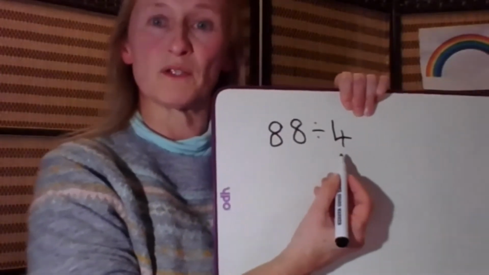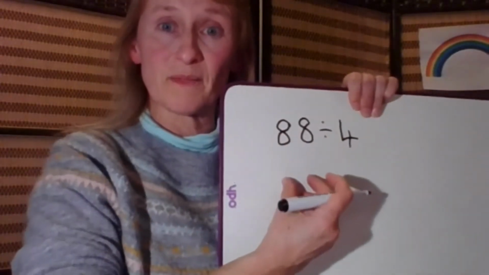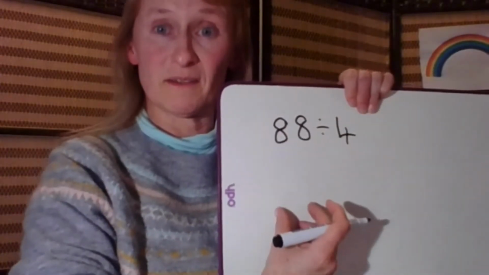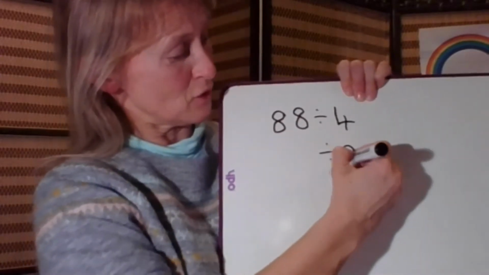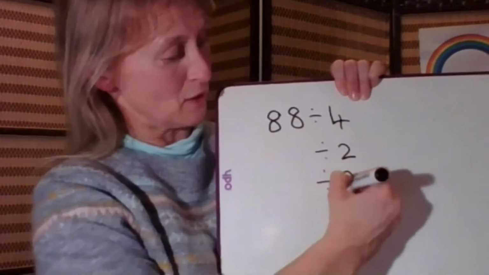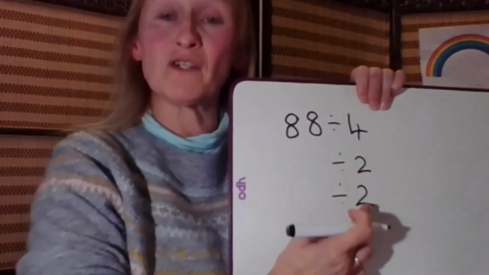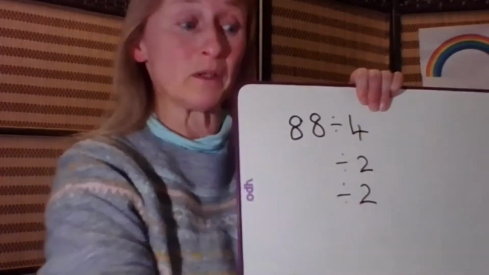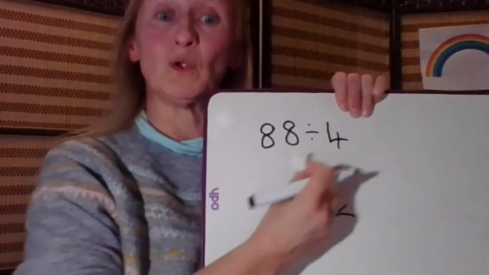What I need to do to divide by 4 is to halve it and halve it again. So basically what I'm doing is dividing it by 2 and then dividing it by 2 again. Okay, and by dividing it by 2 twice, that will make the same answer as dividing it by 4.